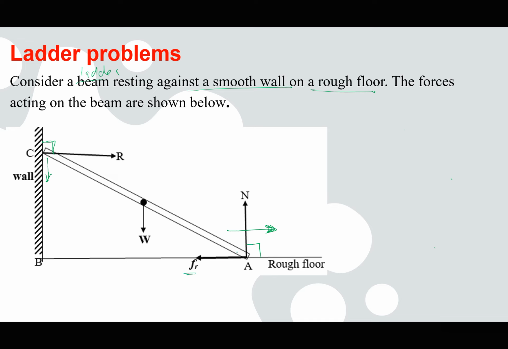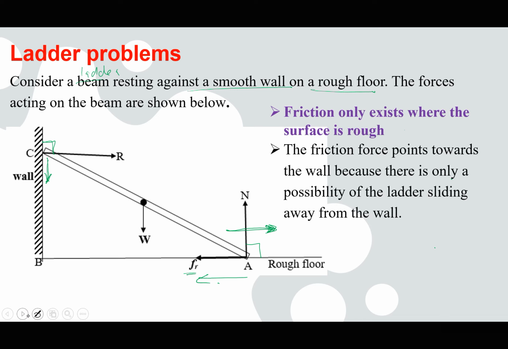The only possible way for the ladder to slide is away from the wall and downwards. If it slides downwards and away from the wall, the friction should be towards the wall to oppose the sliding. One important thing we need to note is that friction can only exist where the surface is rough.